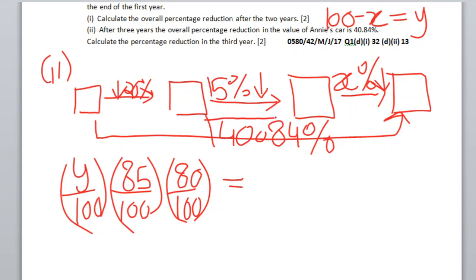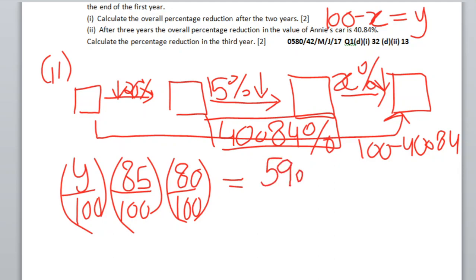What is the overall percentage left? That will be 100 minus 40.84, which gives us 59.16%. So 59.16% of the original value is left.